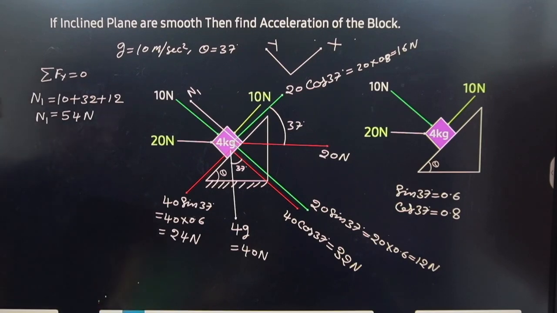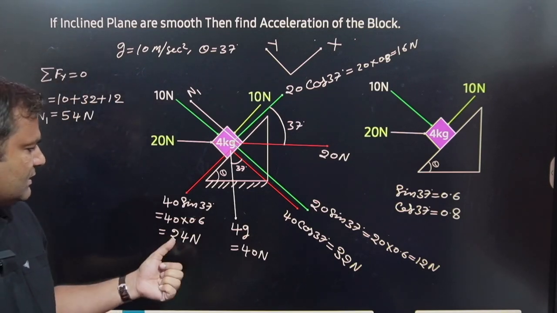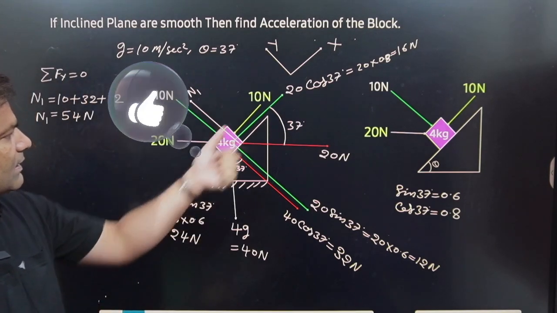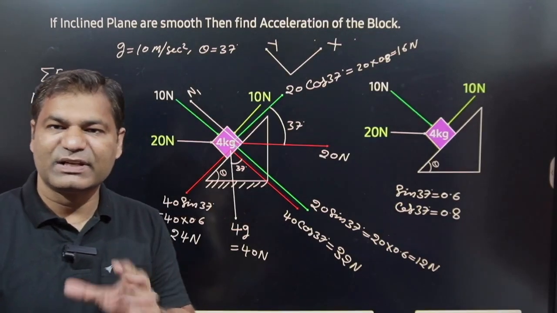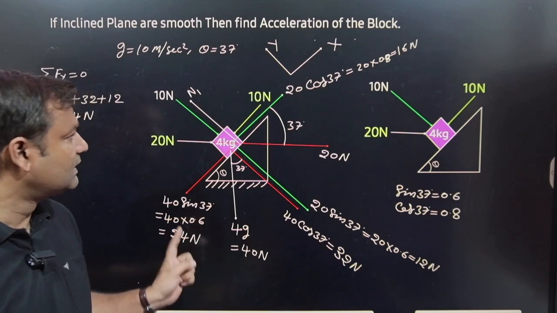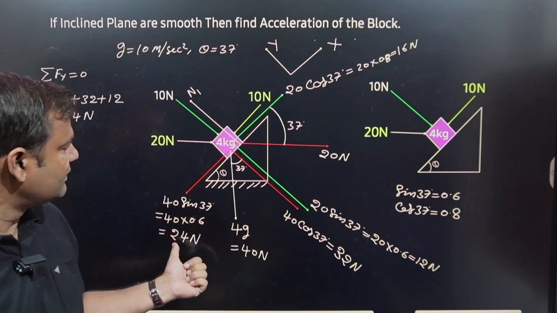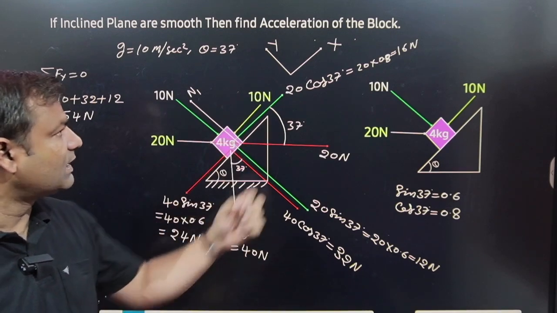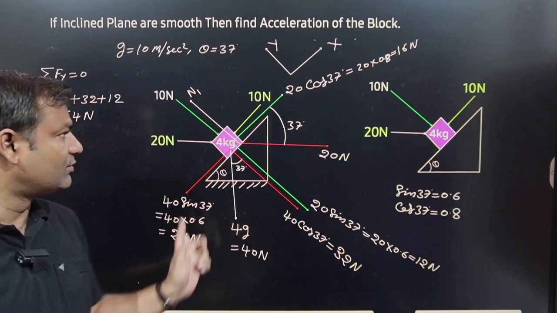After that, look, in which direction is this block moving? Here 24 Newton plus 10, that is 34, and this one is 16. So 10 plus 24 minus 16.